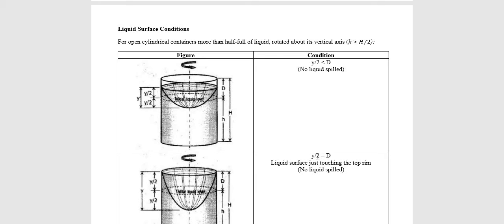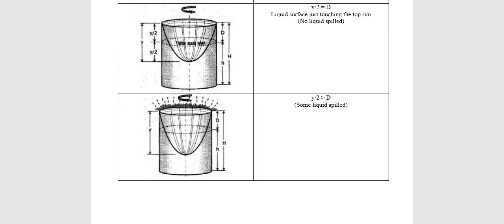Meaning to say, yung tubig mismo is nasa rim mismo ng vessel. Meaning to say, there is no liquid spilled. Pero kapag yung y over 2 is greater than d, meaning to say, may spilled yung liquid, may natapon na tubig.